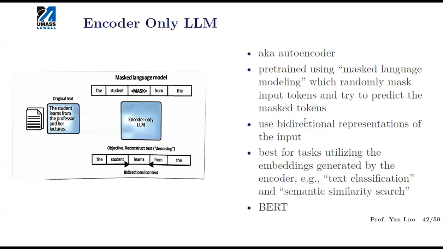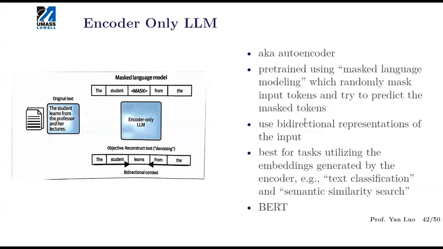The training process is a little bit different. The pre-training uses what is called masked language modeling. It takes the training data and randomly masks off some of the tokens from a given input.